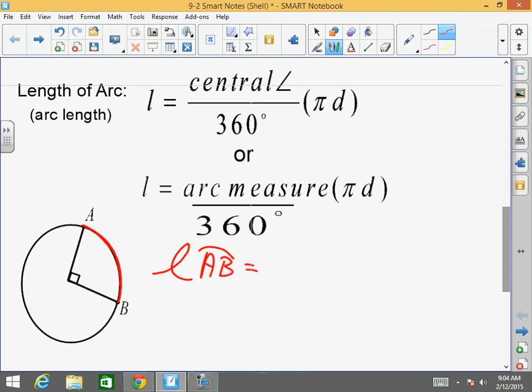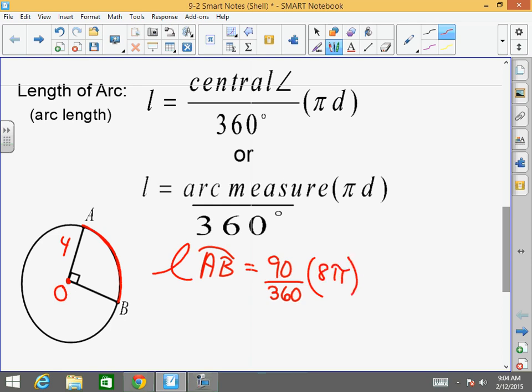But if I want to know the length, let's say this is circle O, and let's say my radius is 4. The length of this would be my central angle or arc measure, which is 90, divided by 360, times my circumference, which is diameter pi. If my radius is 4 here, what's the diameter? 8. So this would be 8 pi.